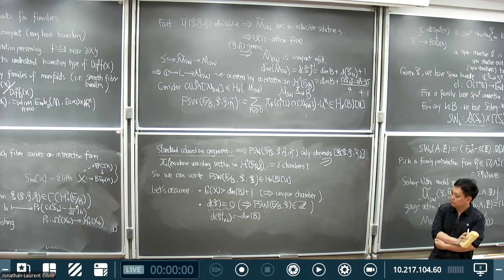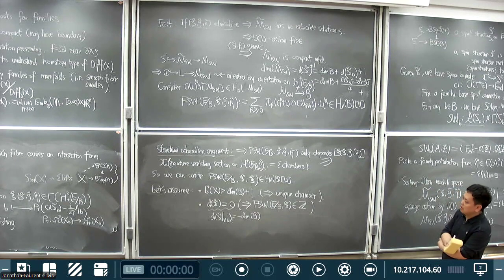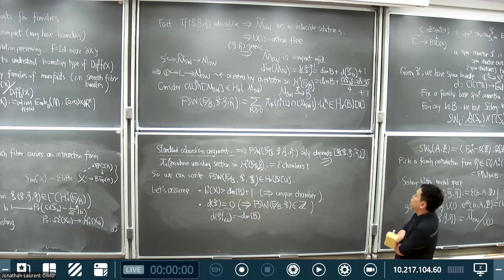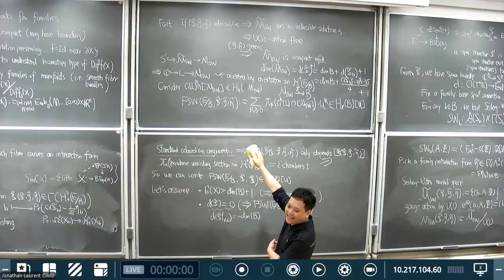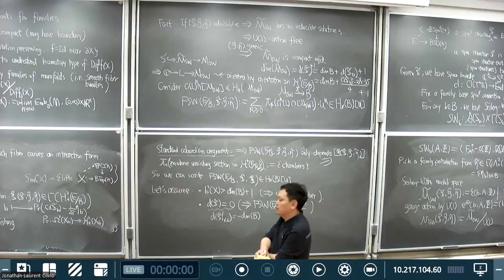Yeah. In the definition of FSW, why would you need to have a U in the definition? Well, you could also say that you get a sequence of invariants parameterized by k, and that's fine.